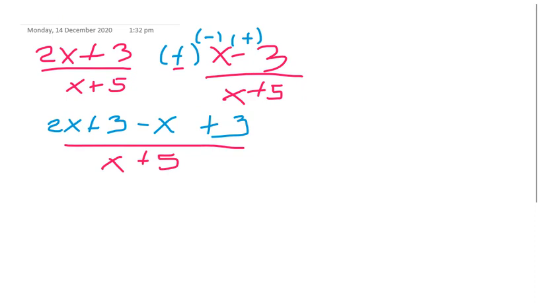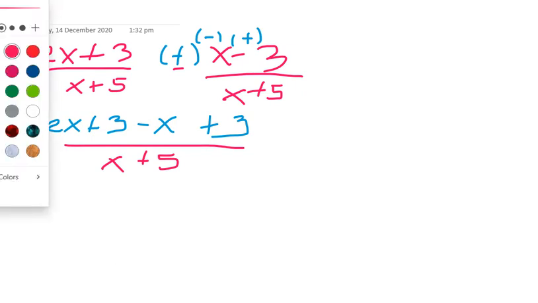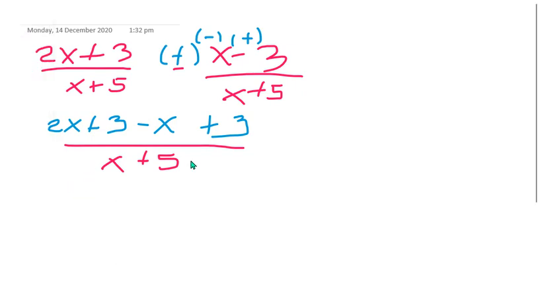Okay, so we simplify. So we have 2x minus x is equal to x. 3 plus 3 is equal to 6 over x plus 5.